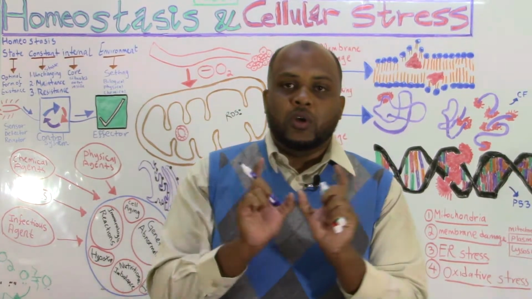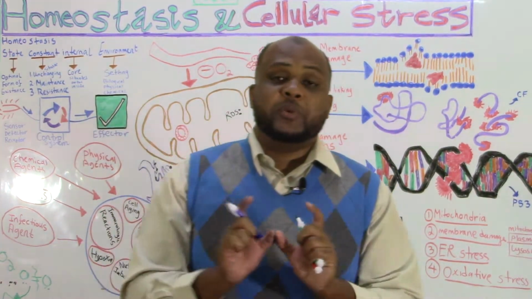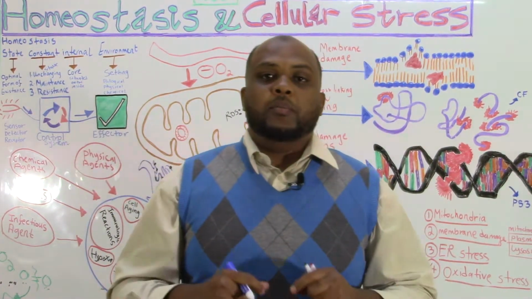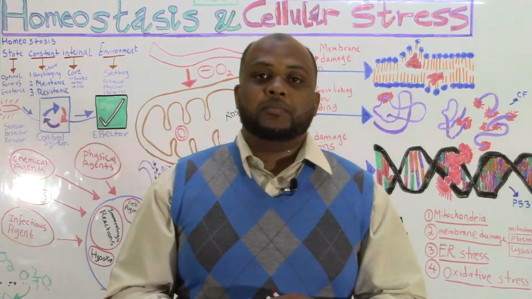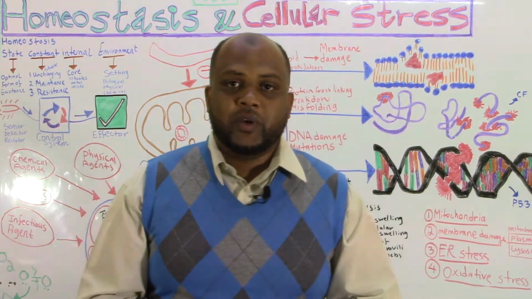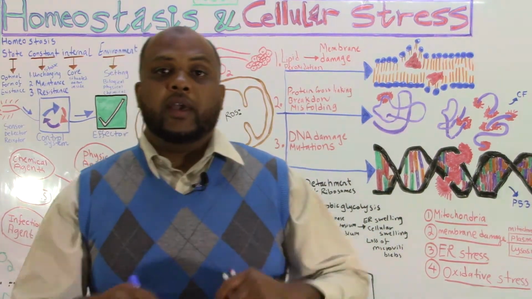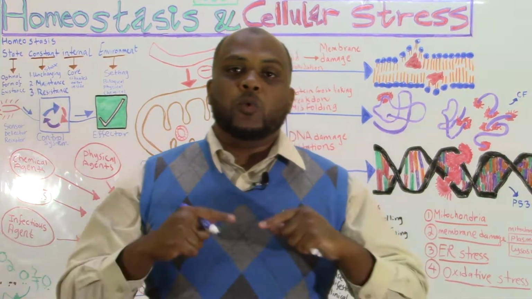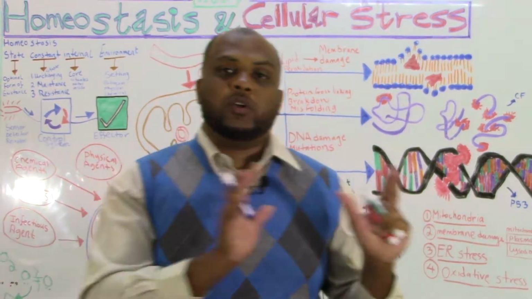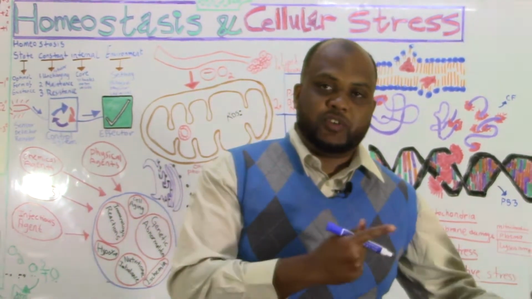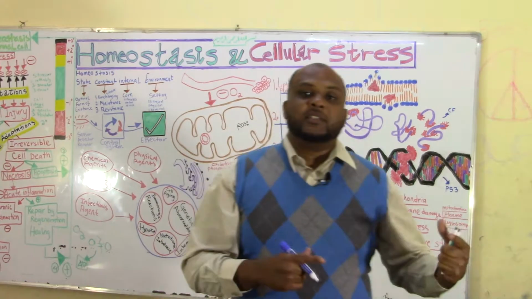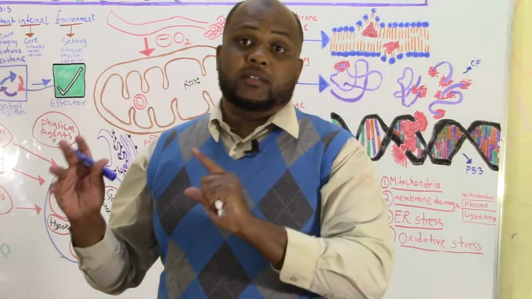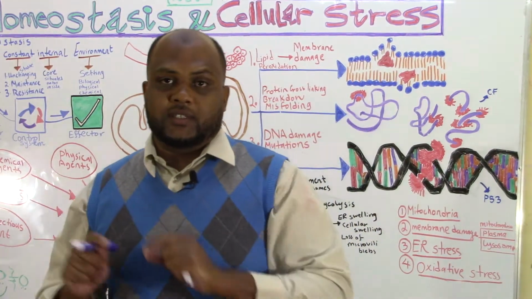And these two concepts are inseparable, as we mentioned earlier, because homeostasis is maintained by active cellular mechanisms, biochemical pathways that require ATP, and these mechanisms work diligently to ward off and protect the cell from cellular stress. And cellular stress succeeds if it causes a deviation in the state of homeostasis.